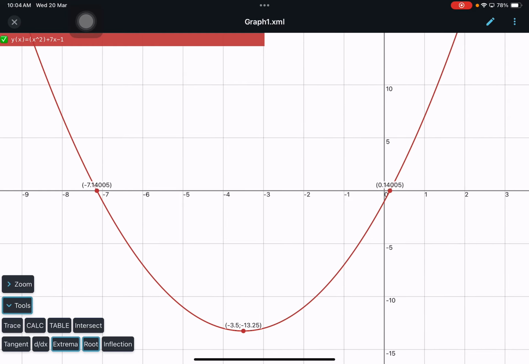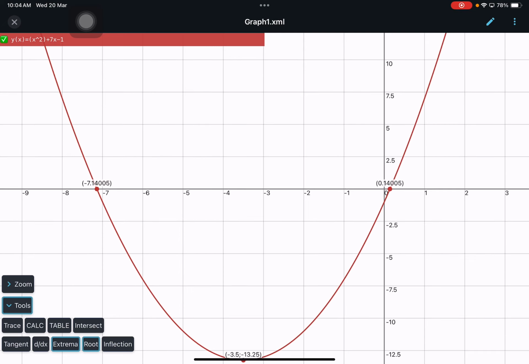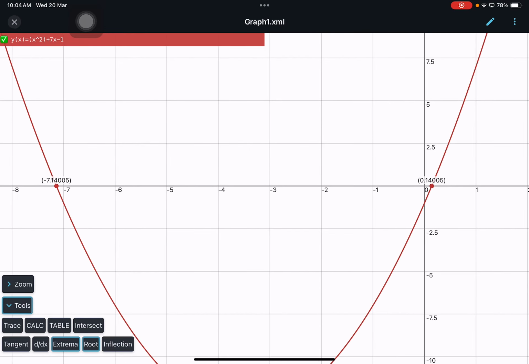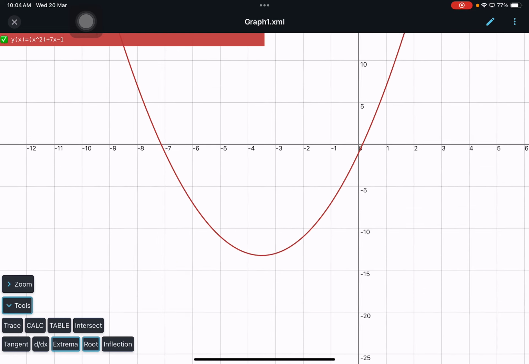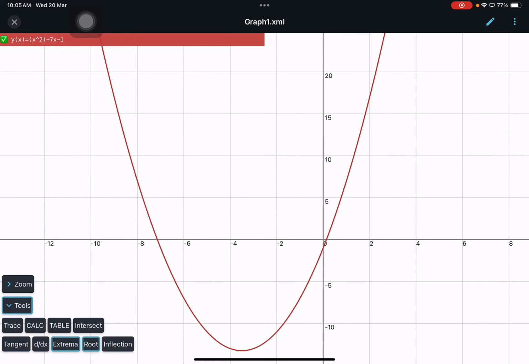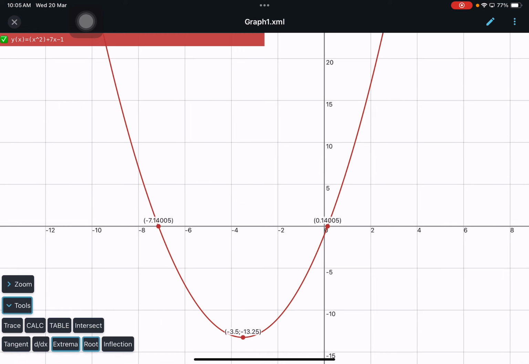Our x-intercept is not a very good number, right? Because here I can see like negative 7 point something, and the other one is 0.14 something. So basically, this is our graph. I'm not worried about the software. I'm worried about your calculation.